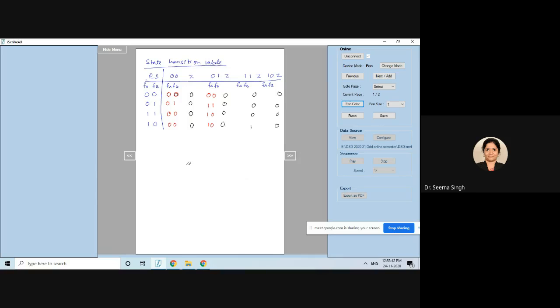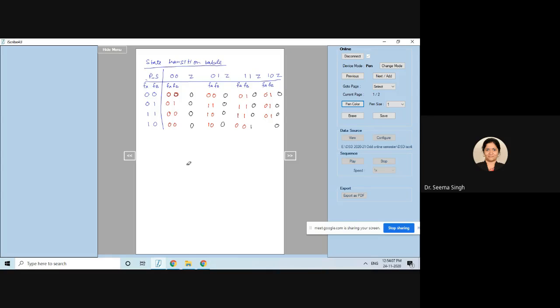You have to check that I am doing the replacement properly, because you have both tables in front of you. Right? The last one, which state was it going to? It was going to state B. B is nothing but 0 1. Any doubt in this?